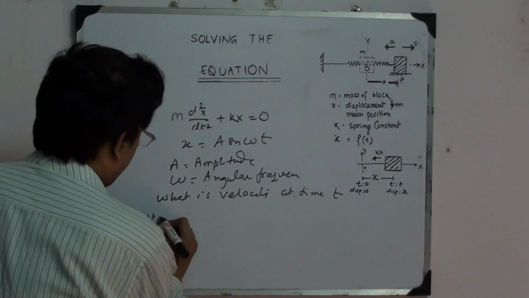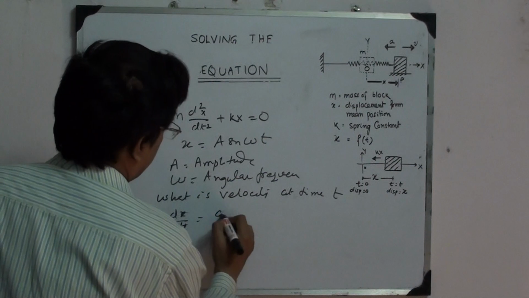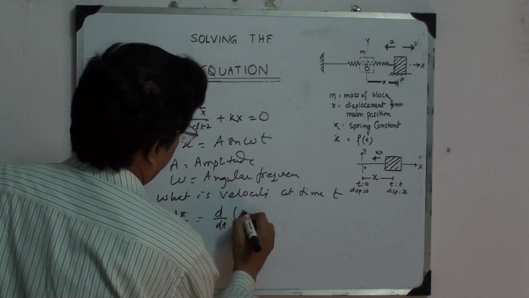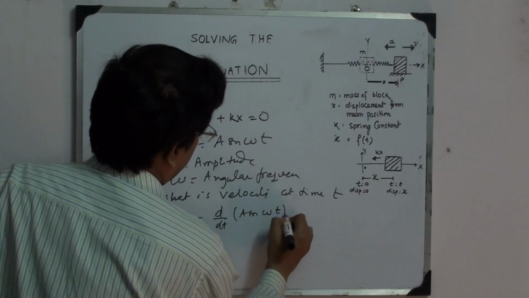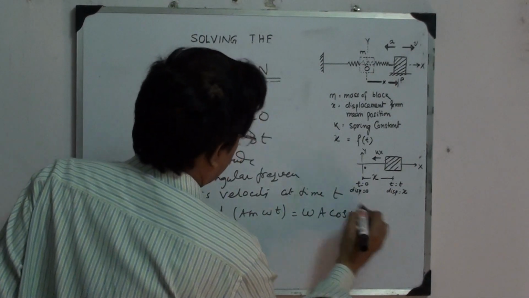Now velocity is equal to dx by dt, which is equal to d by dt of a sin omega t, which is equal to omega a cos omega t.